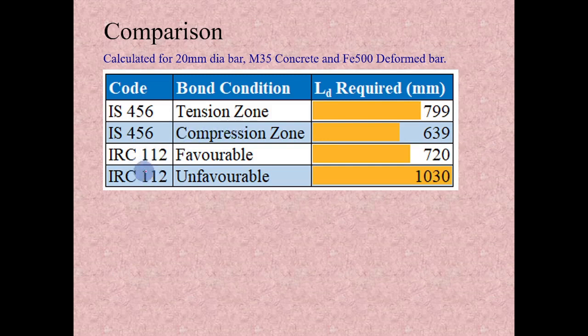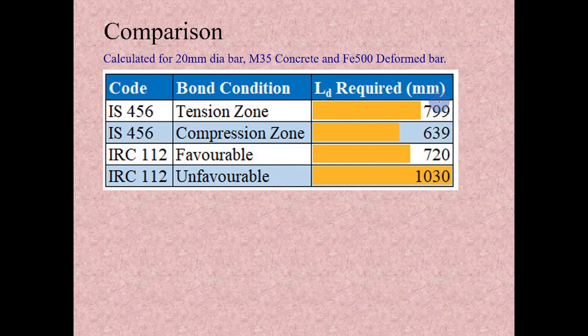Whereas in IRC 112 they didn't give a separate bond condition based on the nature of the force, whether the bar is provided in the compression zone or tension zone. But in IRC 112 they have taken the top bar effect into consideration by providing the 1.43 factor for the unfavorable bond condition, which is not considered in IS 456.